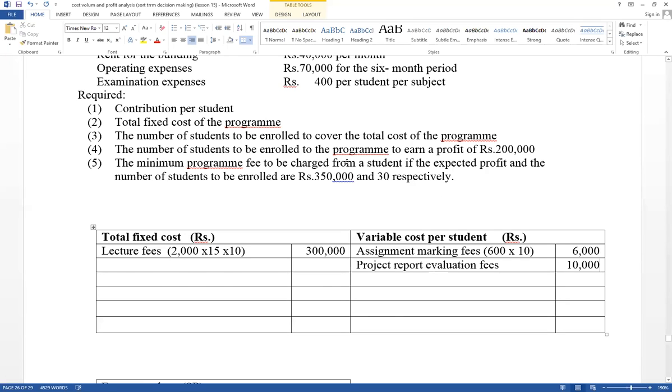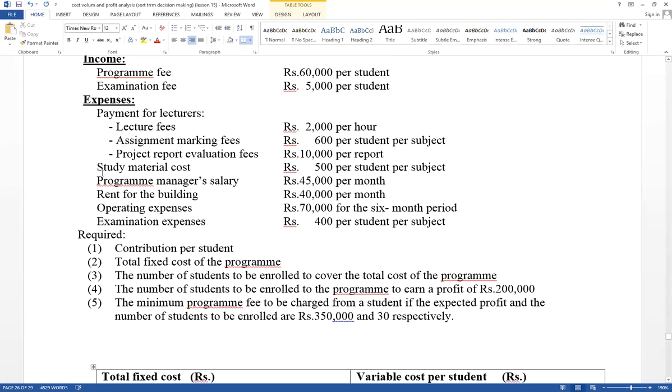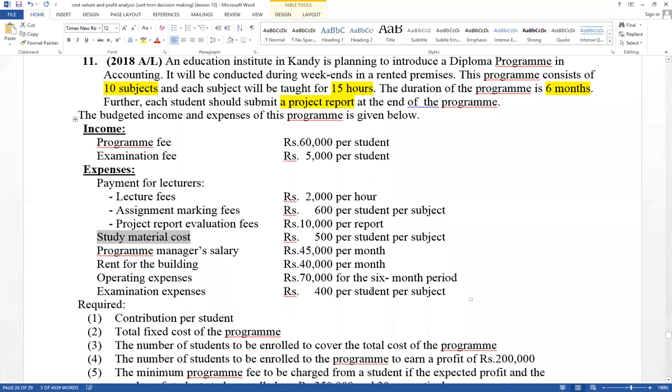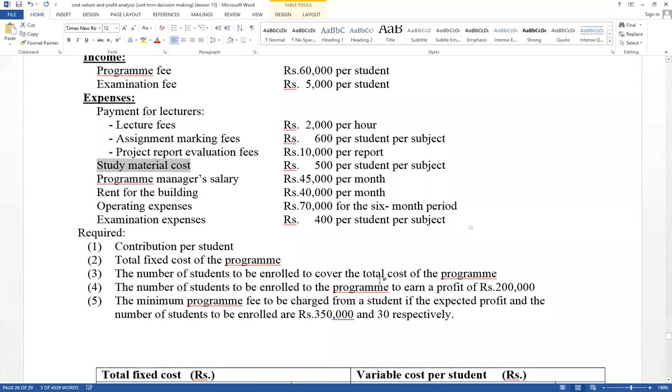It varies with the number of students. And the study material cost is 500 per subject per student, variable, but given per subject.